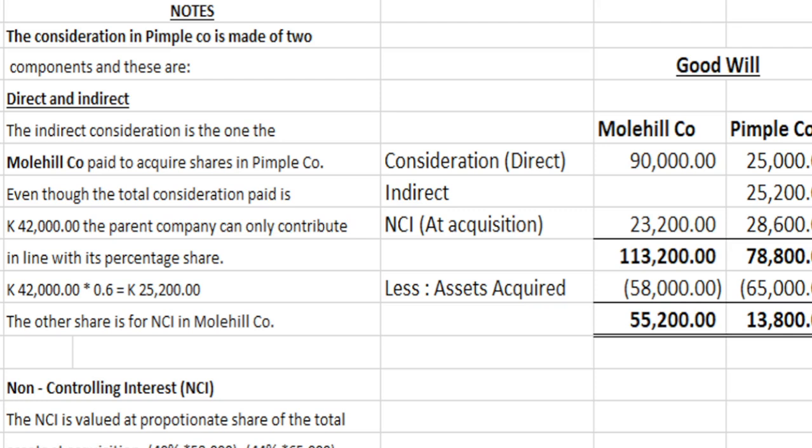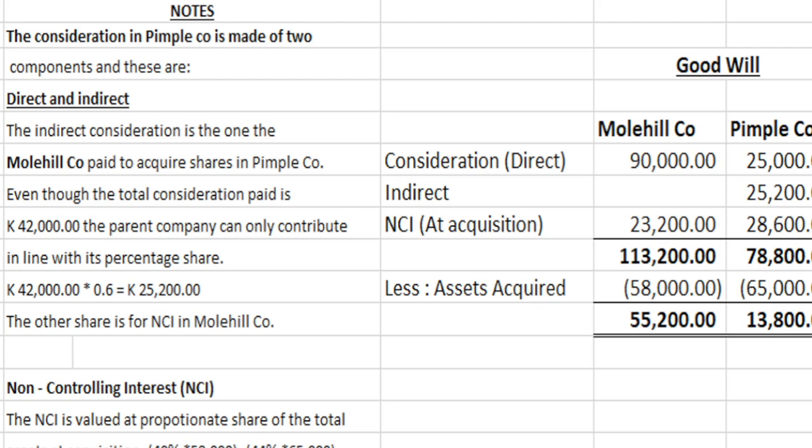So this 25,200 kwacha is coming up as a result of the 42,000 kwacha that was paid by More Company to acquire shares in Pimple Company. Let's try to calculate why. Mind you, in More Company there is the parent company and the NCI.